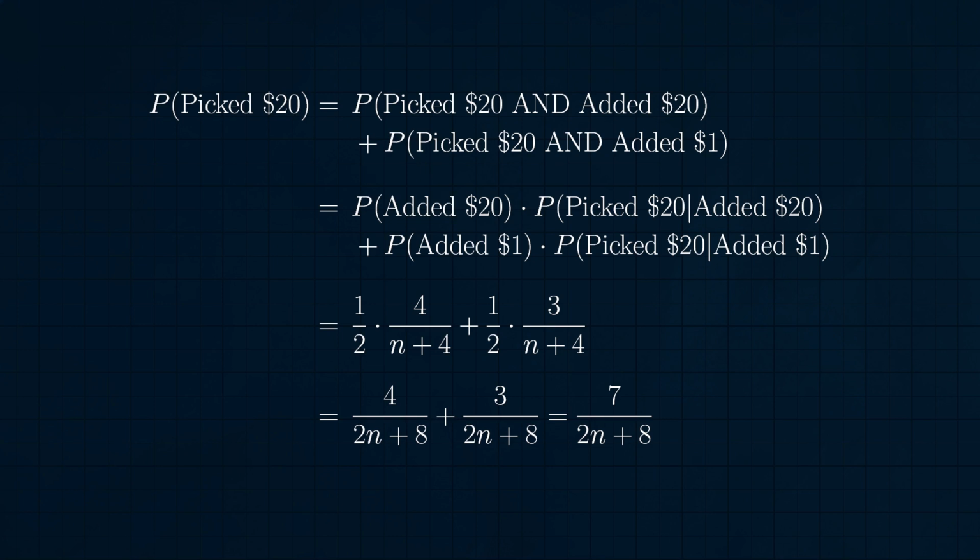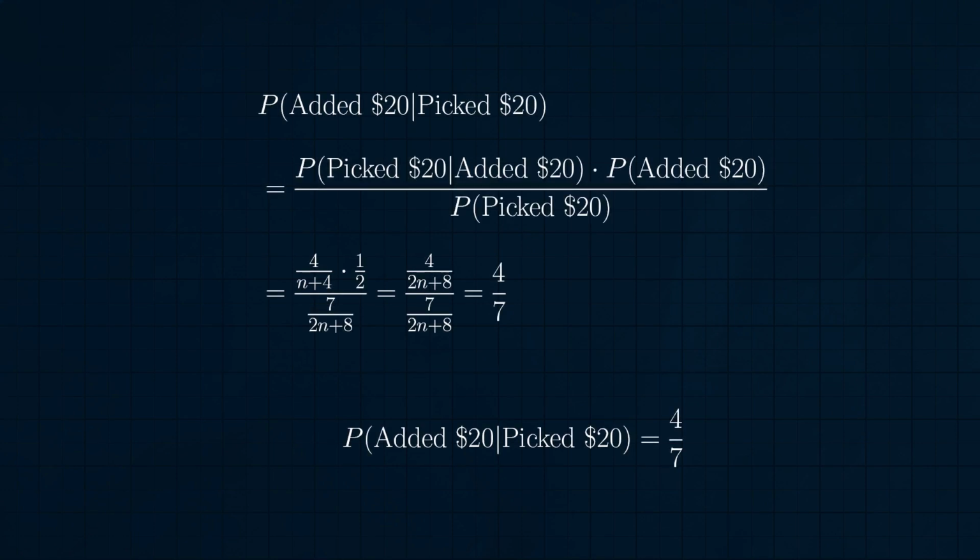That's 1/2 times 4 over n plus 4, plus 1/2 times 3 over n plus 4, which is 7 over 2n plus 8. So we can plug all these into Bayes' theorem to get the probability of added 20 given picked 20 is 4/7. As we see, the n's cancel out and the final conditional probability does not depend on the number of $1 bills in the piggy bank.